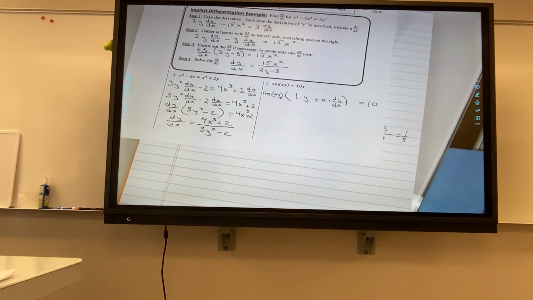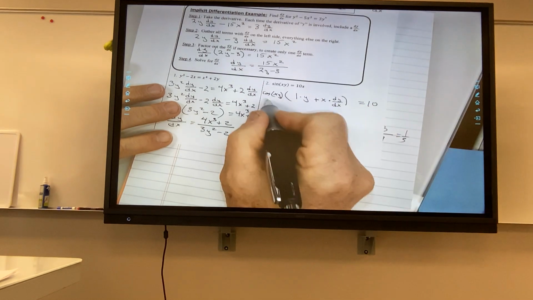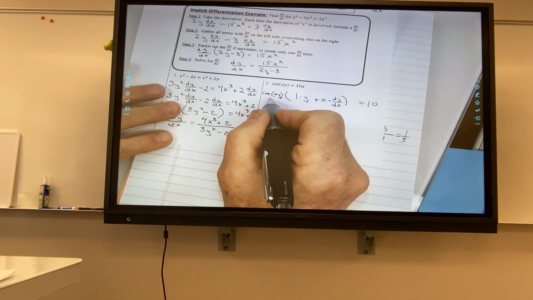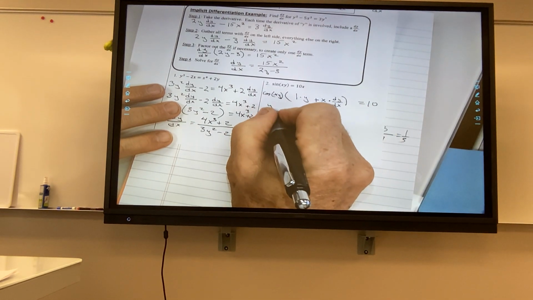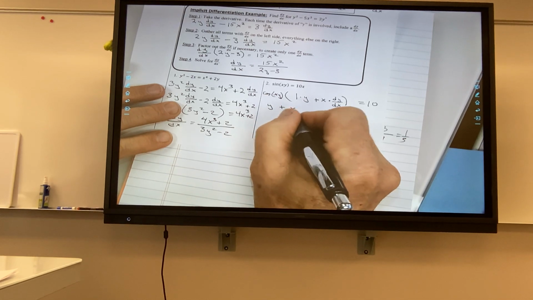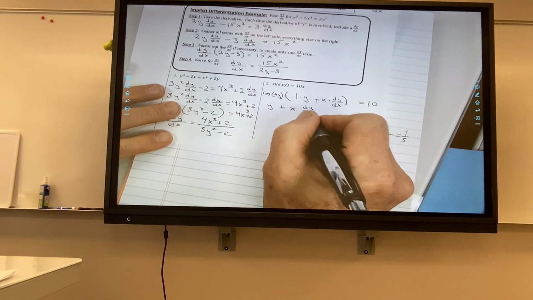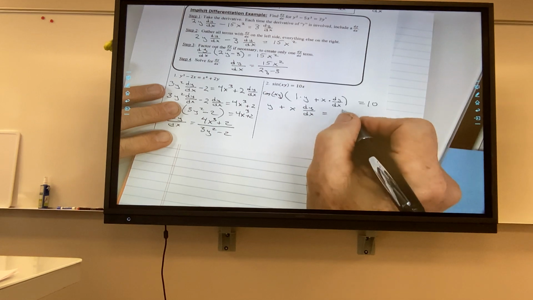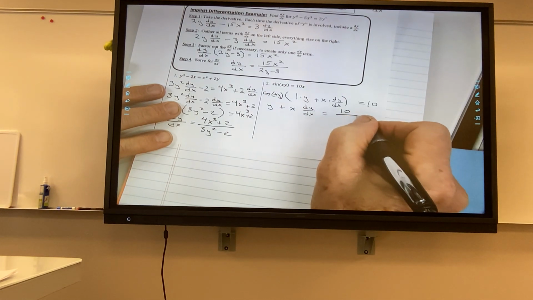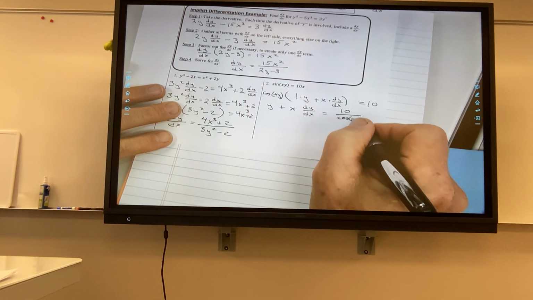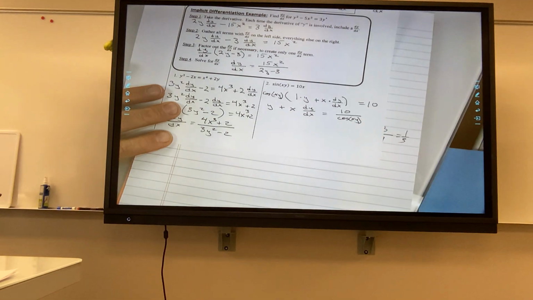Now, there is only one dy dx, correct? Yep. So I don't have to distribute. I can divide by this right away. So I'm going to write this as y plus x times dy over dx is equal to 10 over the cosine of that, correct? Yep.